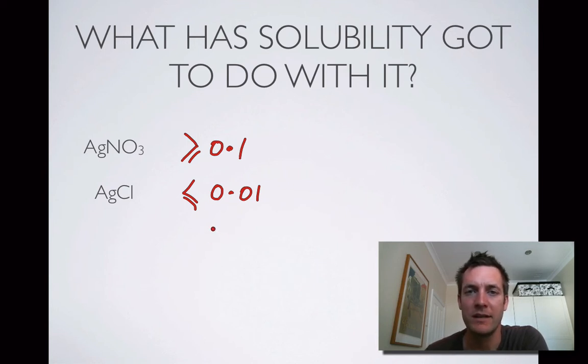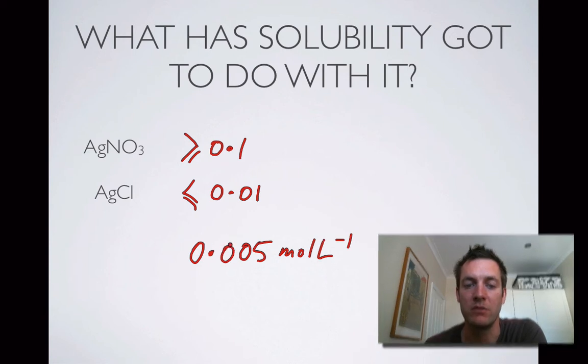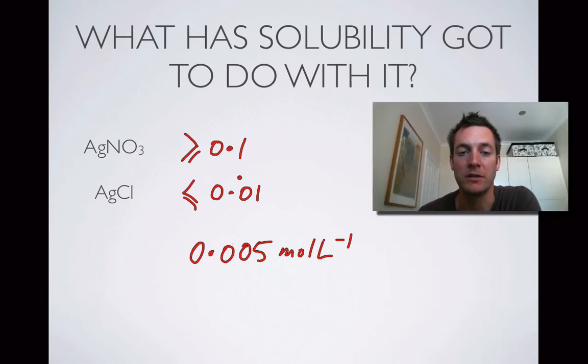Well, yes and no. If the question said, what concentration of ions have you got in 0.005 mole per litre solutions of both of these, then you could easily calculate that, because you can dissolve 0.005 moles per litre of each of these substances. But if it said, what concentration of ions have you got in 5 mole per litre solution of these things, well, this one doesn't dissolve that much.